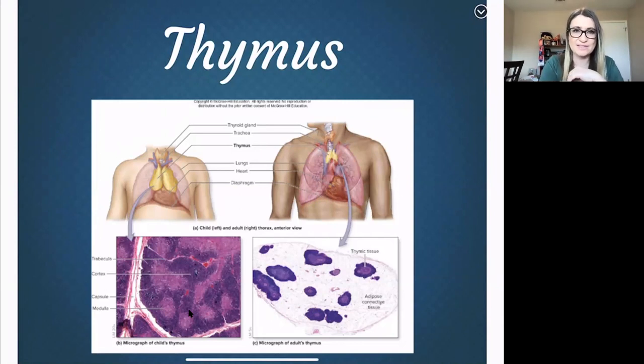All that white or light pink stuff around these thymic lobules is adipose tissue that replaced thymic tissue in an adult's thymus. Okay, so that's our thymus, and that's it for the primary lymphatic structures.